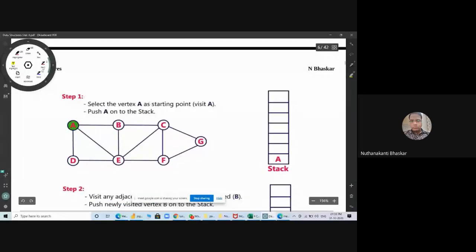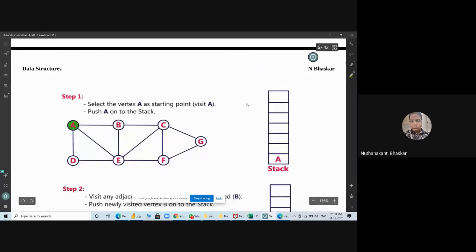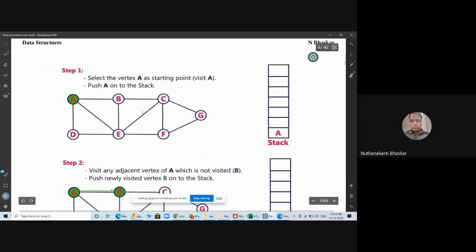Now, you need to write this answer step by step. Here is how I have written this procedure. Is the screen visible? Yes, sir. Like in your examination, you need to write like this.